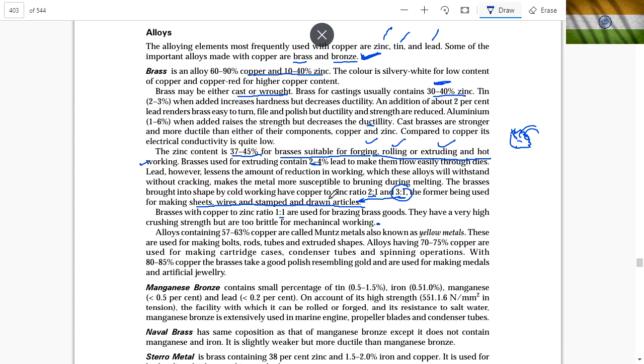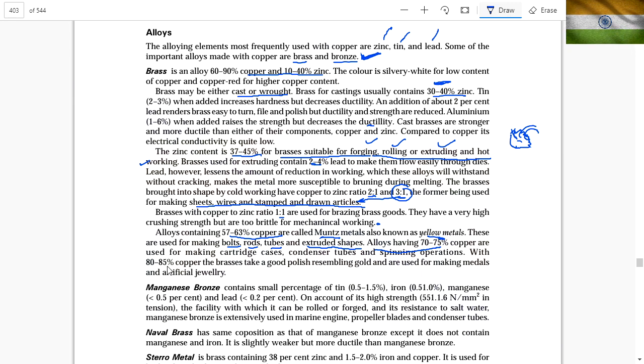Then yellow metal, that is, alloys containing 57 to 63% copper, are called Muntz metal, also known as the yellow metals. These are used in making bolts, rods, tubes, and extruded shapes. Alloys having 70 to 75% copper are used for making cartridge cases, condenser tubes, and spinning operations.